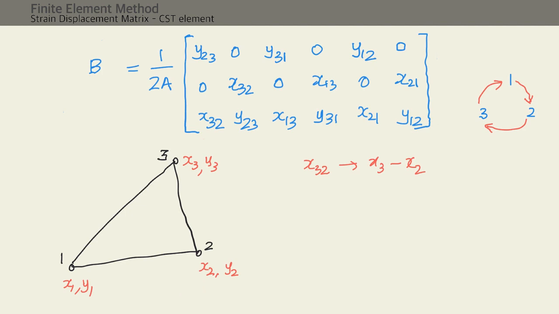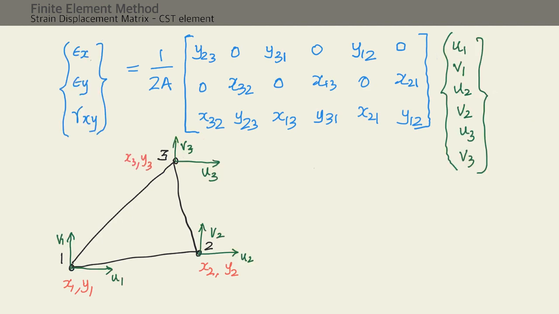So you can evaluate this B matrix if you know the x, y coordinates of the nodes of the triangle and also the area of the triangle. This area of the triangle you can calculate from the determinant.